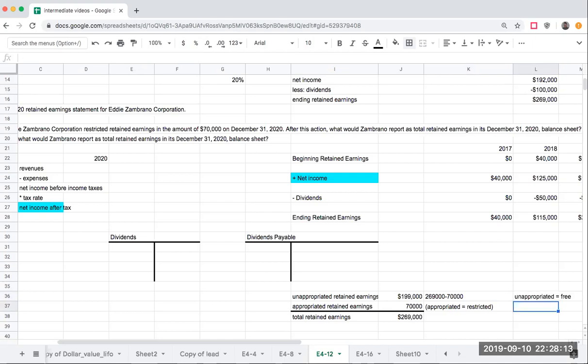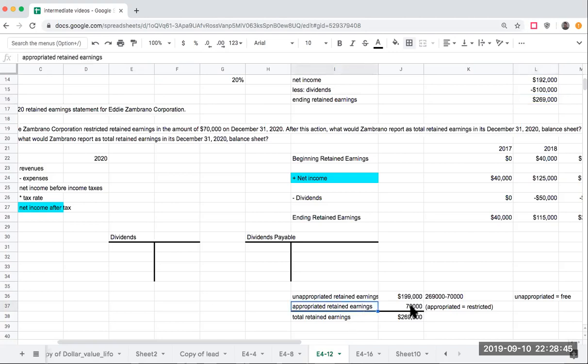Unappropriated means it's unrestricted. Again, these are actions taken by the board, and the book explains that you're still showing total retained earnings as $269,000.